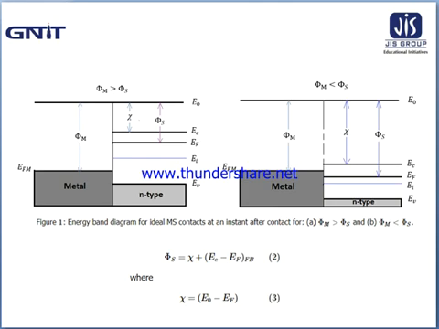The electrons will keep transferring between the semiconductor and the metal until the EF is aligned, which causes the formation of a depletion region at the contact. With different characteristics of the metal semiconductor interface, two types of metal semiconductor contact will be formed: the rectifying Schottky diode and the ohmic contact. The first one is the rectifying Schottky diode, and the second one is the ohmic contact.